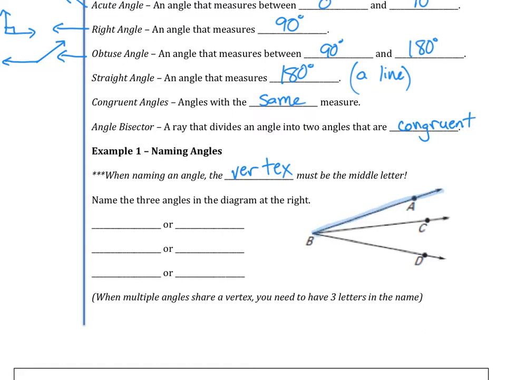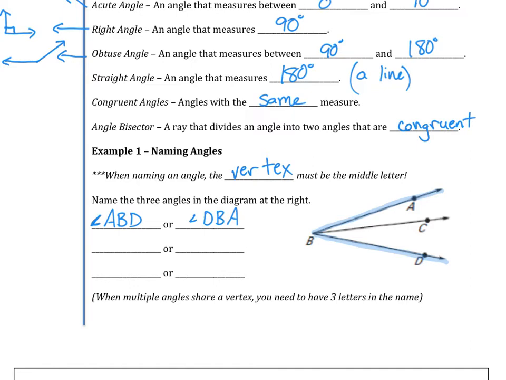If we take this blue angle, that big angle, that could be called angle ABD. And notice the angle symbol in the front, angle ABD, or we could call it angle DBA. It's the same exact angle. ABD and DBA are the same angles. Notice B is in the middle, but you can flip the order of the outside.